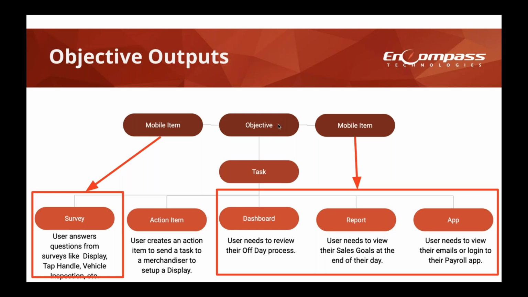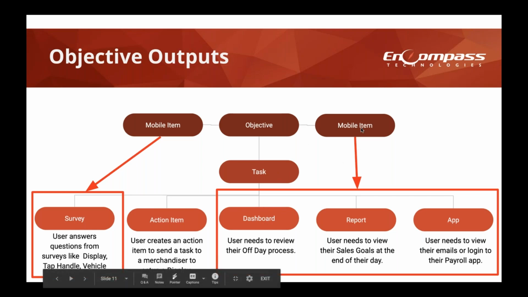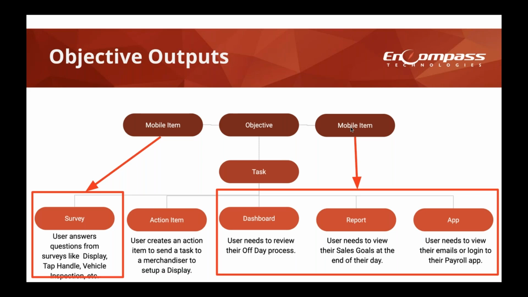Well, the reason for that is because whenever we set up the objective itself, we have the option to also identify a mobile item. So if we do have a mobile item linked to that objective, well, whenever I create a task, right, now that task, we know that it needs to show a dashboard, but exactly what that dashboard is defined by that mobile item. So all of these concepts really tie to each other to get the user to the right place.